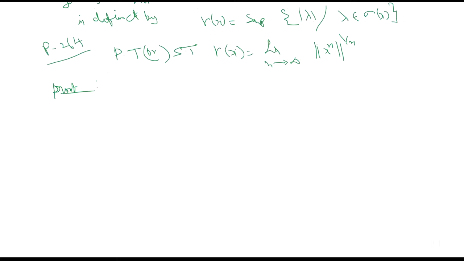Suppose lambda belongs to the scalar field, where the pound symbol means the scalar field, such that mod lambda is greater than norm x.